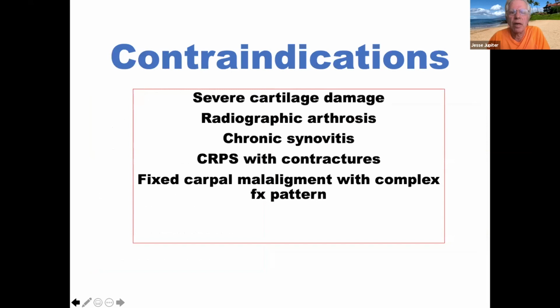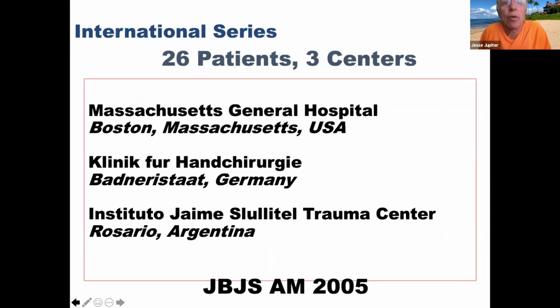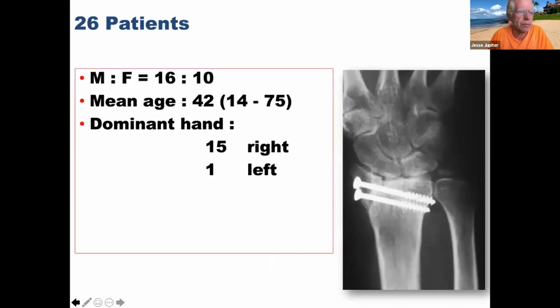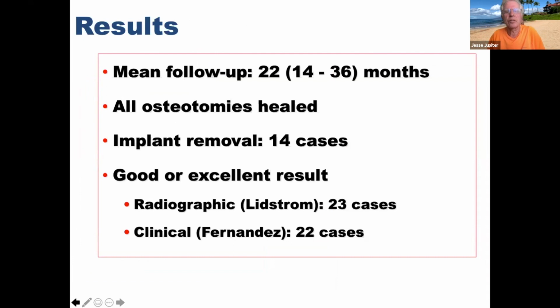But certainly there are contraindications, and all of these, as listed here, I think are self-explanatory. So our first series looked at 26 patients in 3 centers, and we had mostly a younger age population. But as it turned out, all the osteotomies healed.